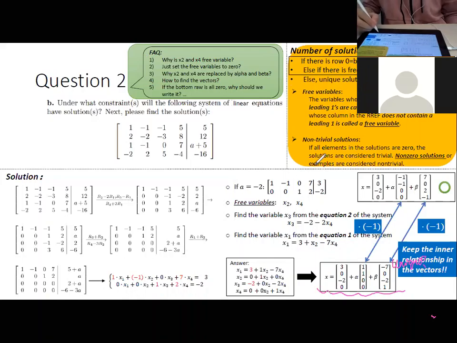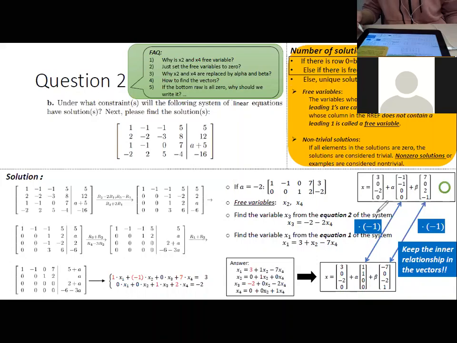We can see this vector times -1 can get this vector, and this vector times -1 can get the vector here. So we have more than one way to write the general solution, and the key point is here.